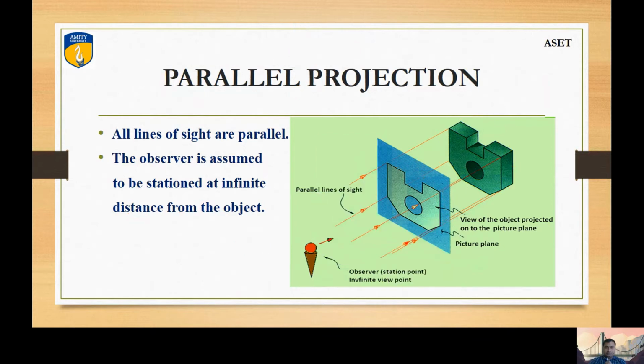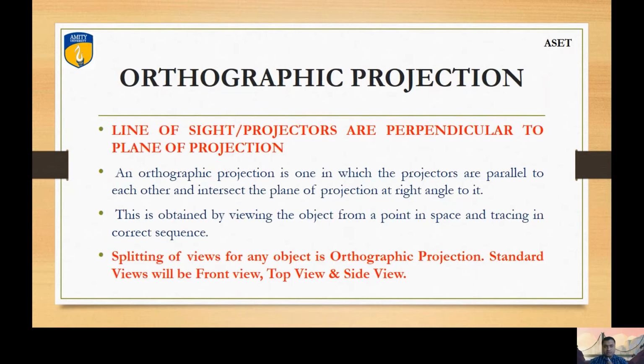Now, in the parallel projections, I have told you that I am going to focus on orthographic. So what is orthographic? Ortho means, and this is very important, perpendicular, right? And we all know what projection is.